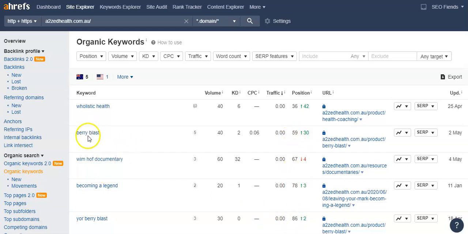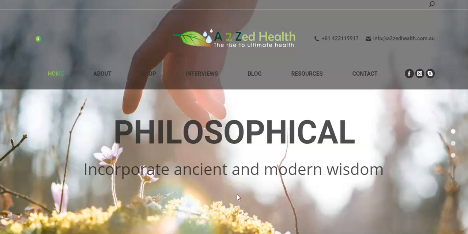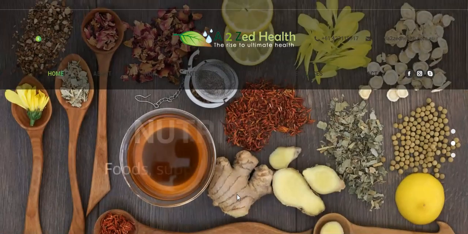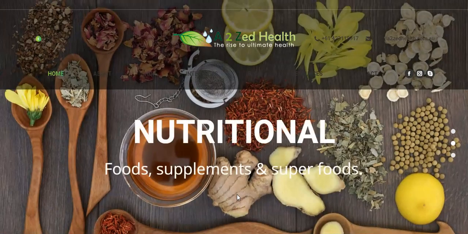And like Berry Blast, obviously it's a product. Becoming a legend, I'm not really sure if that is relevant to your industry or if it's a slogan or whatever. But either way, you're not ranking for it and you're getting no traffic. So we can definitely look at what keywords would be best suited to your industry and what you're trying to produce as a product and everything.